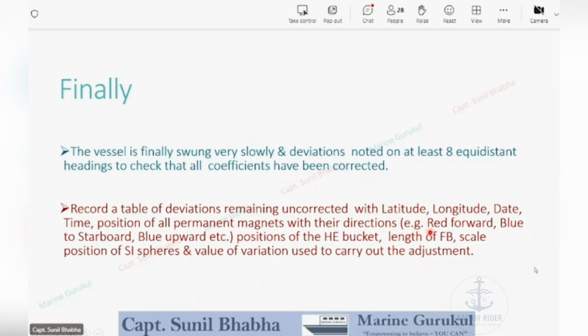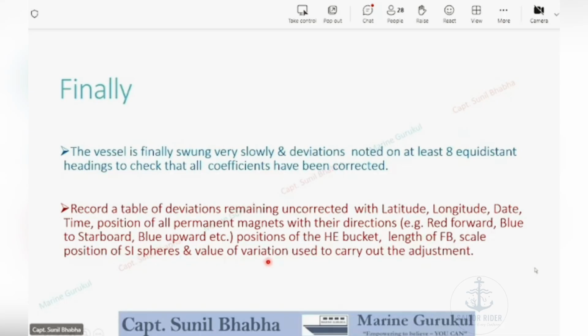For example, for a fore and aft magnet, the marking made on the deviation card is, say, red forward, or blue to starboard for an athwartship magnet, and blue upwards for a heeling error corrector magnet. The position of the heeling error bucket, the length of the cylinder bar, and the scale position of the soft iron spheres are all noted down in the deviation card.